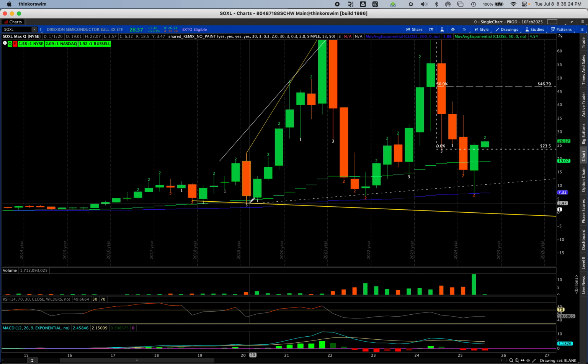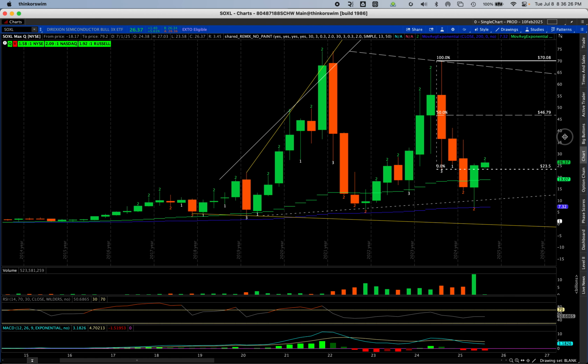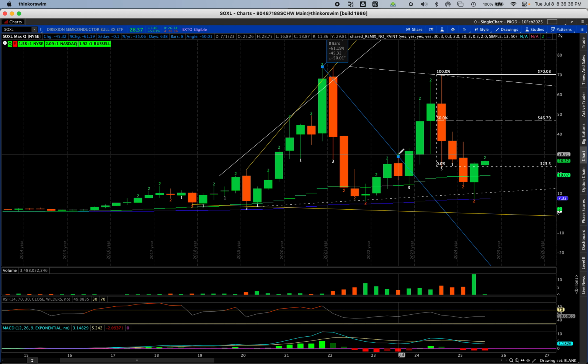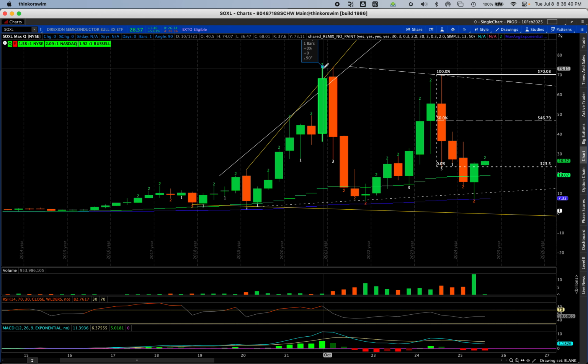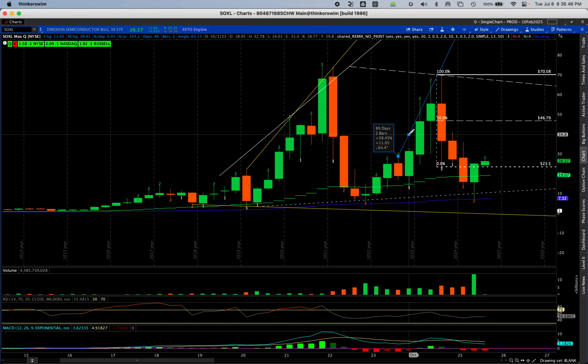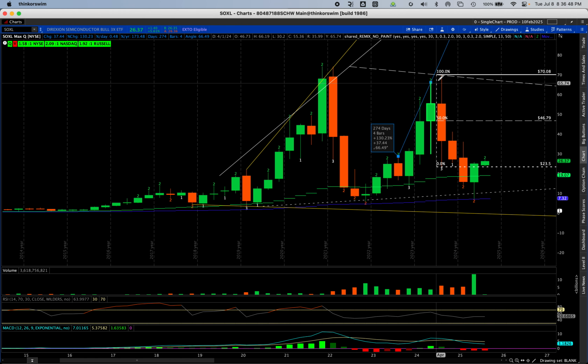What we can do then is look for our next broadening to the upside. So we could draw a downtrend line there. That was one, but we're past it. That's through it. But that does give us the high to look for. There was a low. Now we're looking for the next high, which would be here.